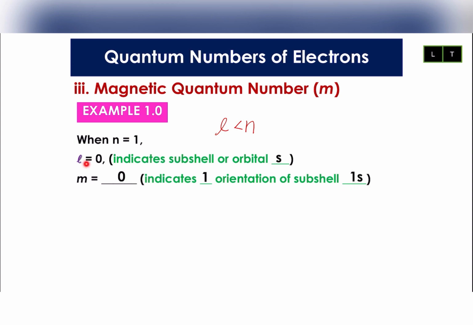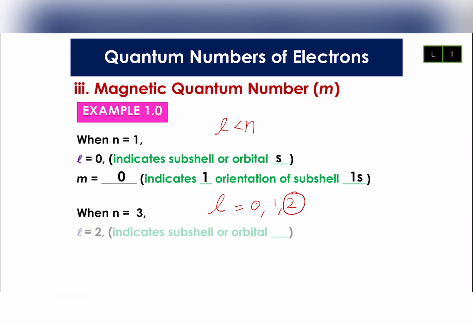Let's try one more example when n equals to 3. So I know that I can have 3 different values of L, which could be 0, 1, and 2. But for example, I want to take L equals to 2 only. So I know that L equals to 2 indicates subshell or orbital D. This is because the value L equals to 2.